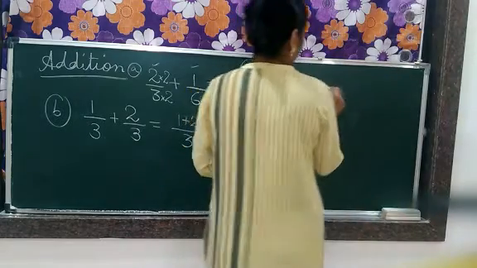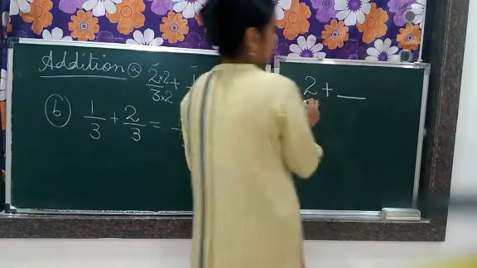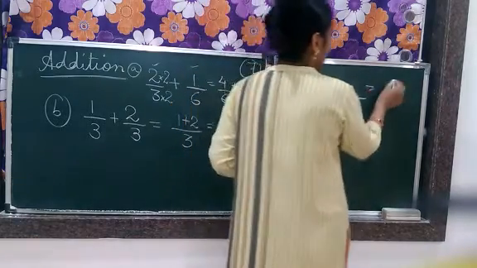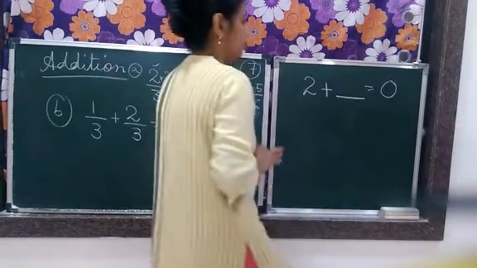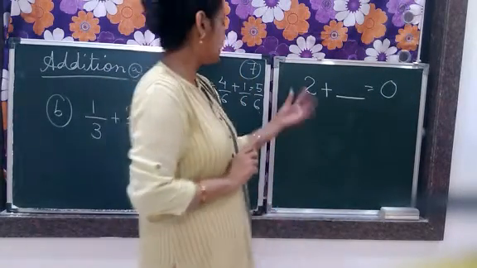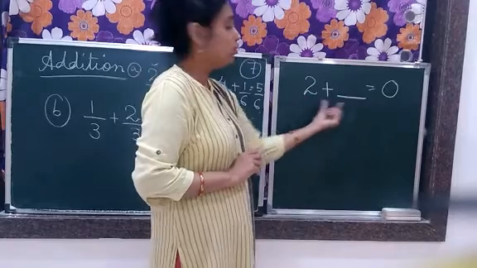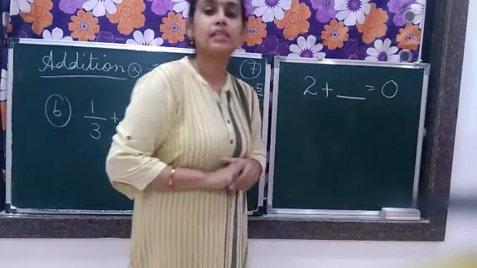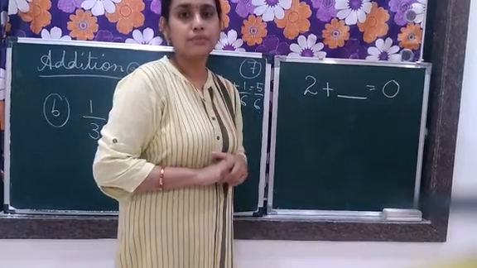Now let's add 2 to such a number that the sum comes out to be 0. Is it possible?